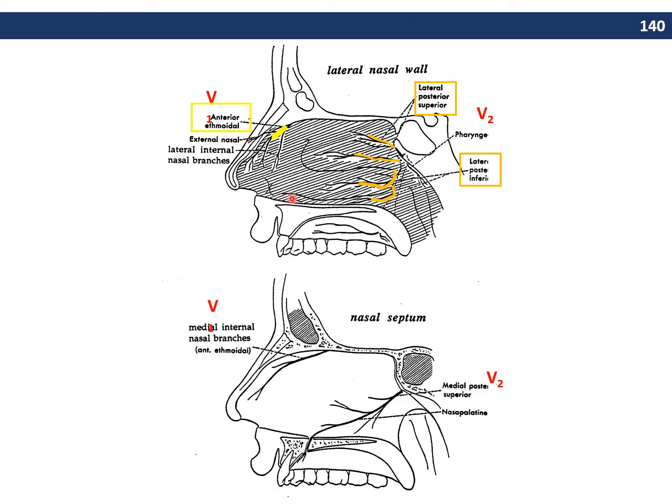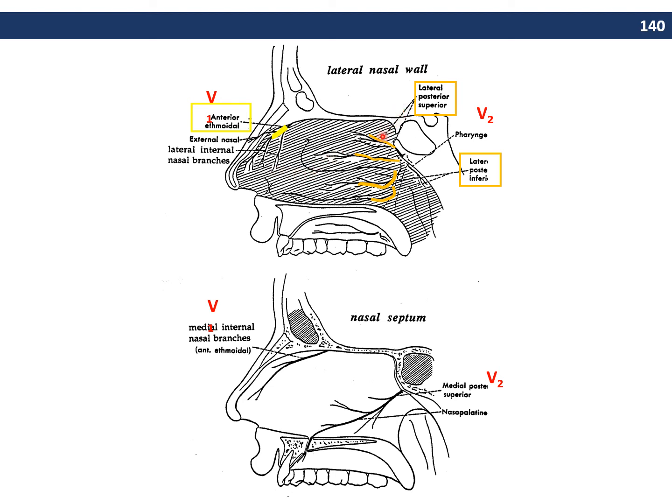As we're talking about the nerves, sensory to the nasal cavity will be via branches of the trigeminal nerve. Coming off of V1, that ophthalmic division, that first division of the trigeminal nerve, would be the anterior ethmoidal nerve, which gives us external nasal branches that pierce the anterior face on the nose, and then these lateral internal nasal branches that provide sensory to the anterior lateral nasal cavity.